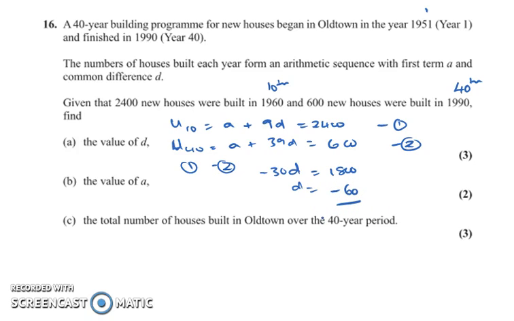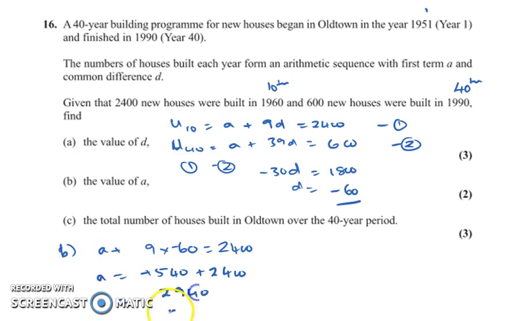And then to find the value of A, we'll stick them back into equation 1. So we've got A plus 9 times minus 60 equals 2,400. So A equals 540 add 2,400, which is 2,940.